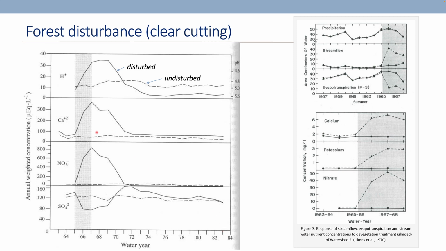And what you can see very clearly is that same rise in nitrate, and then you see it come down over time as the trees recover. So that's showing that recovery time, but it's pretty long, about 10 years. And then sulfate is another one which we didn't talk about in great detail, but we can unpack that a little bit as we go.